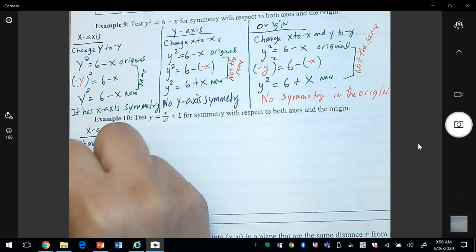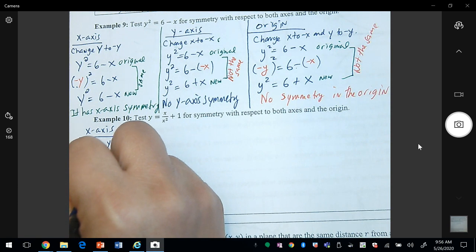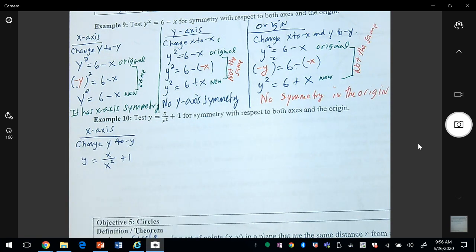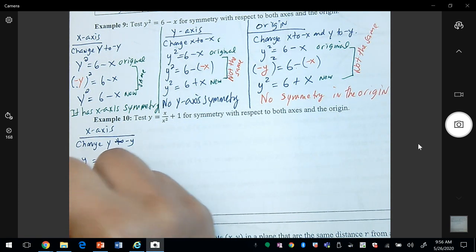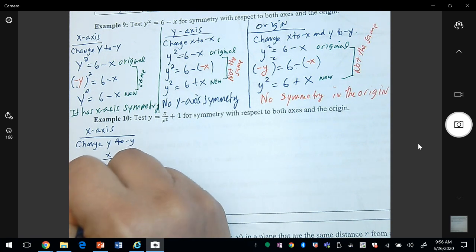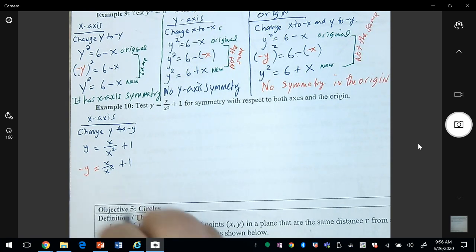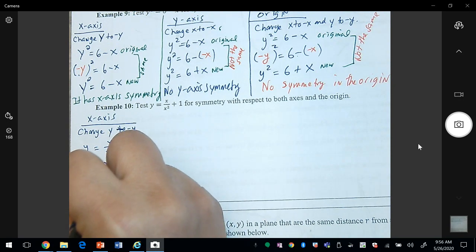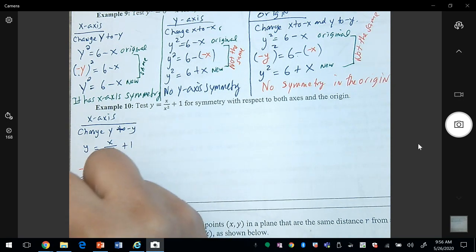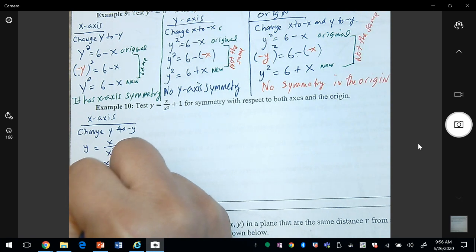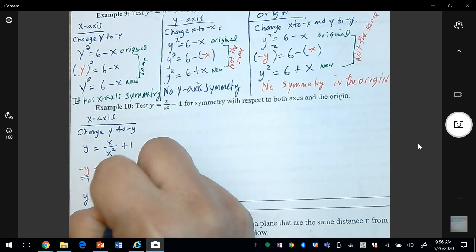I'd like to write the equation down just so I can see it. We can solve for y and divide by negative 1. So we get y is equal to negative x over x squared minus 1.